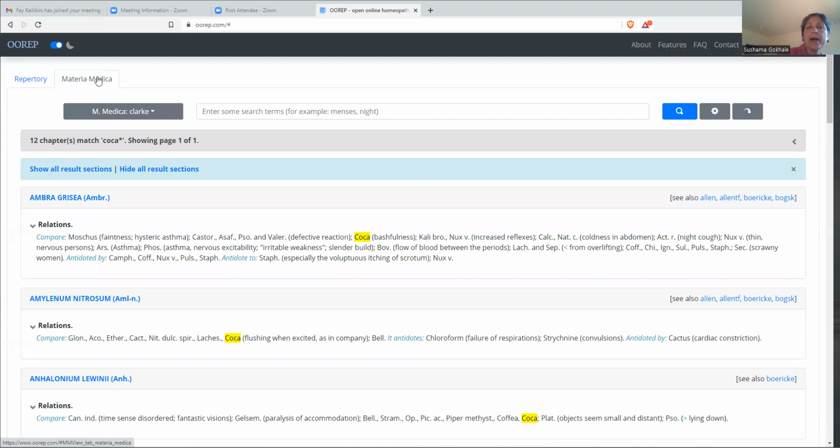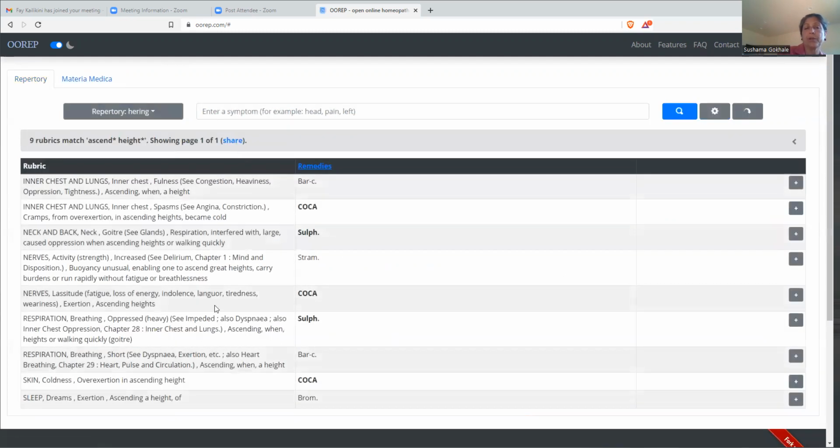And when you have an issue such as, I don't know, a respiratory issue, you can go to the Repertory. Now coca is a great remedy for constriction of the chest. Baryta carb is a great remedy for congestion, heaviness, oppression, and tightness.